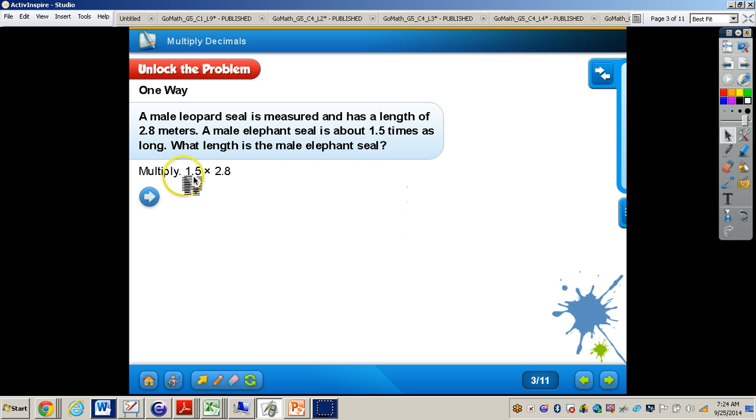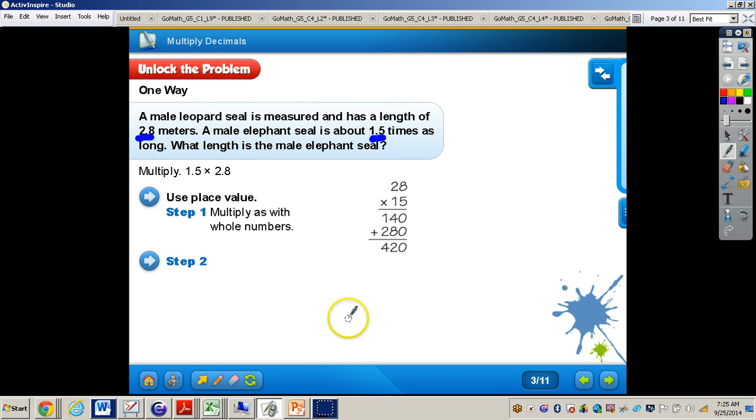We are going to multiply 1 5/10 times 2 8/10. Okay, so we need to figure out a couple things. What are we trying to find? We're trying to find the length of the male elephant seal. What are we going to use? The numbers 2 8/10 and 1 5/10. How are we going to use them? As you can see, we are going to multiply.